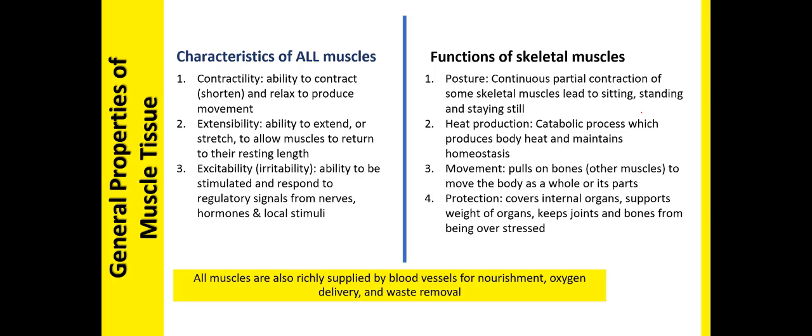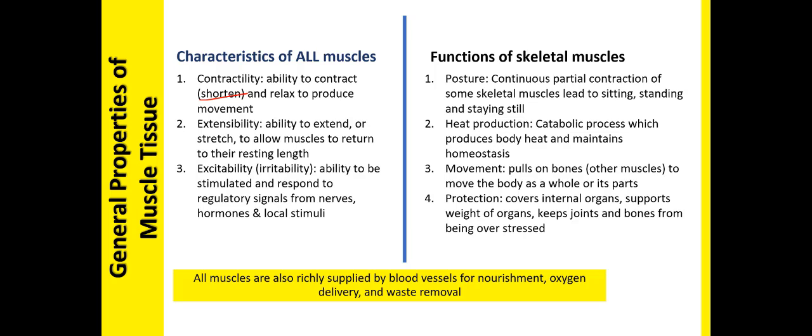So all muscles have these characteristics. They're able to contract, to shorten, and to relax, and that contraction and relaxation helps to produce movement, either movement of a body part or movement of something through the body, but it actually all helps to produce movement.